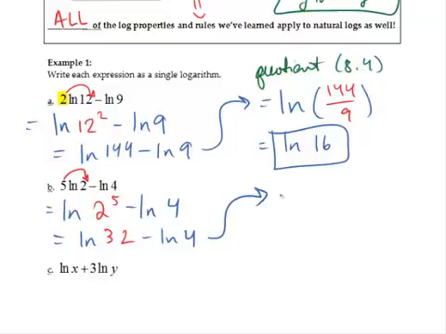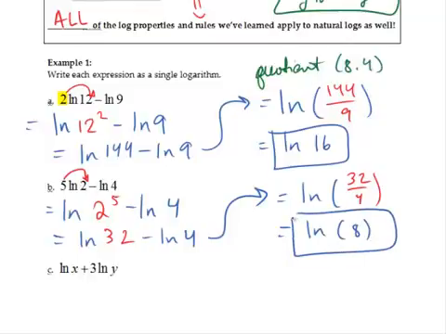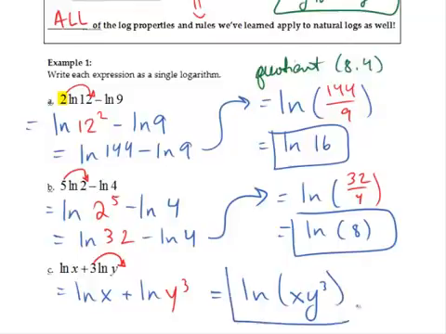Again, it's quotient property, so this is ln 32 divided by 4, which will be ln of 8. And then our power here is going to move onto the y. So this will be ln x plus ln y to the third, which is ln of x times y to the third. Okay? So all the quotient, product, power properties, all the same.